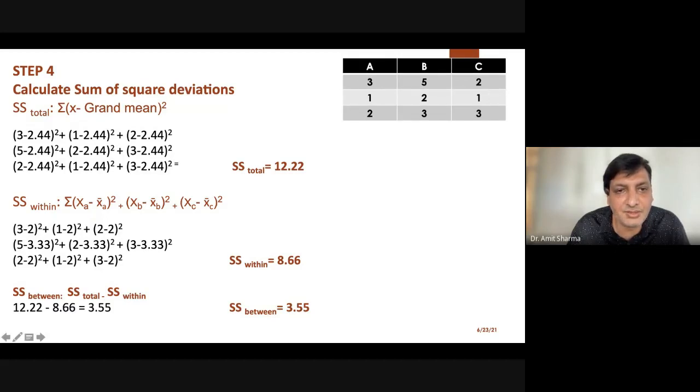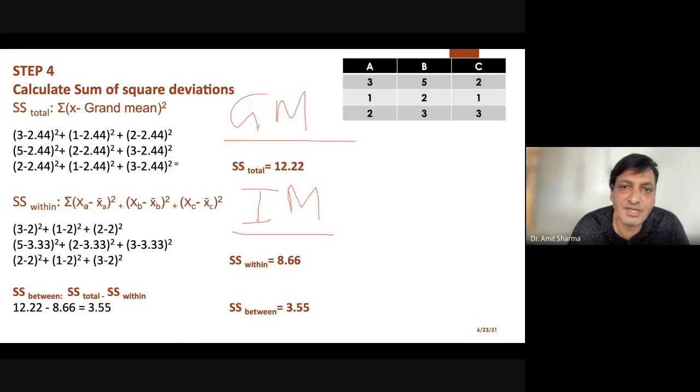So here students used to make mistakes. Here just remember one thing, that first you have to use the GM, and after that you have to use the IM, grand mean, then individual mean. If you remember this, then everything will be sorted out.